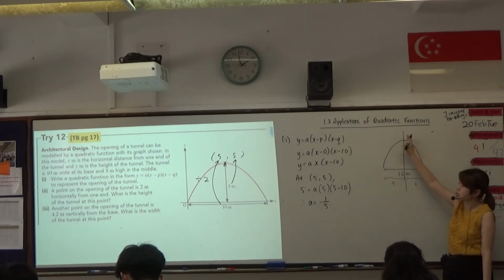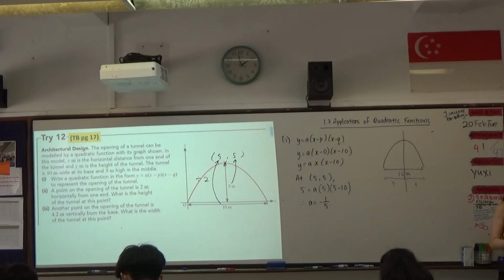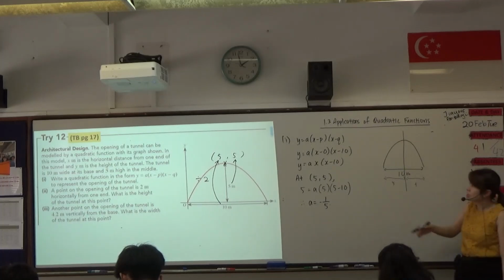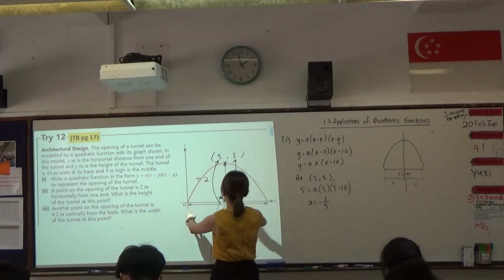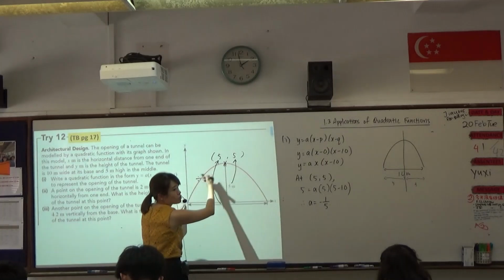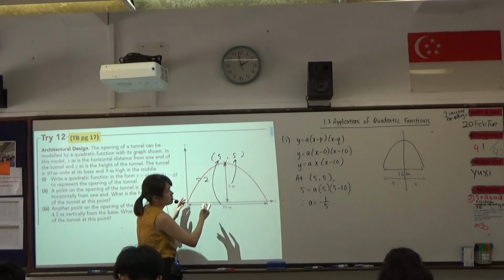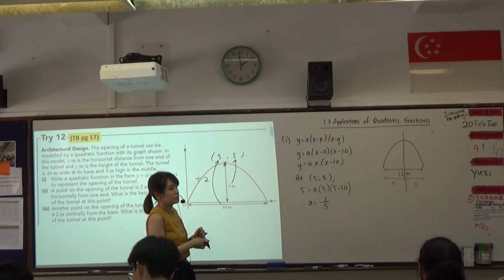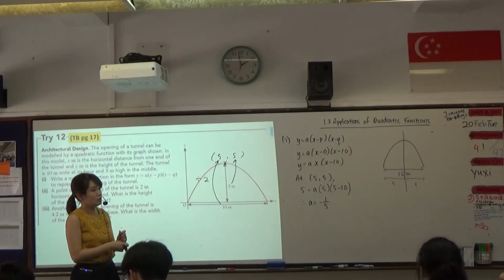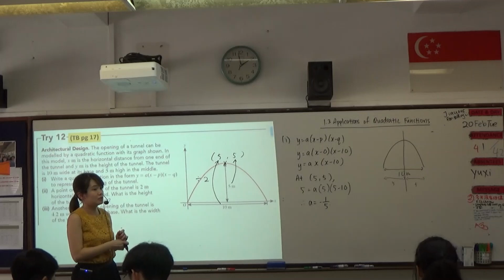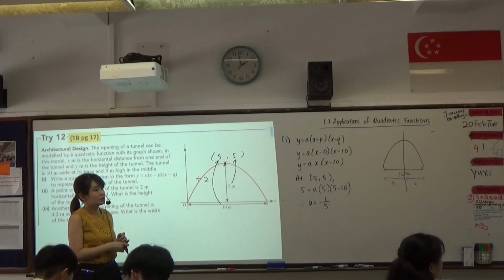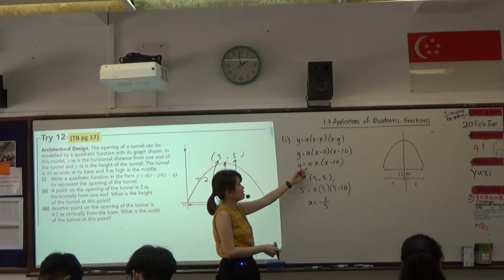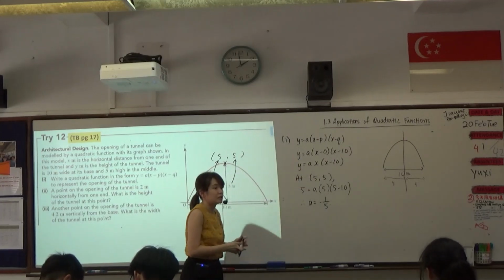So that's why your x-coordinate must be 5, because this equation models this entire quadratic curve. This whole red line is this equation. So that 5 is the turning point. Correct. But why do we need the turning point inside? Because I need to find a. How else can we find a?